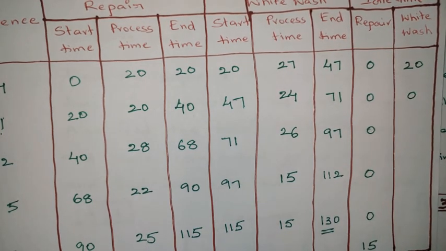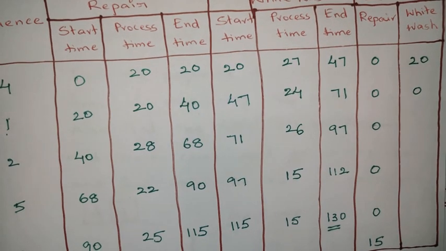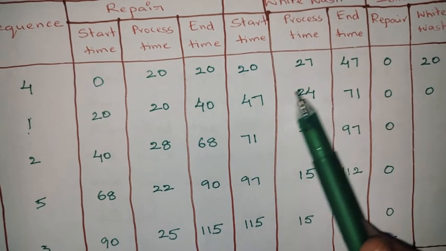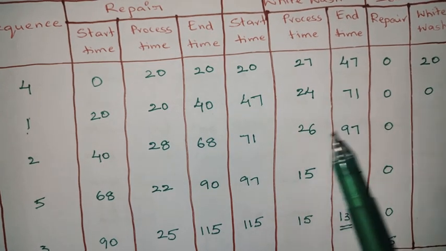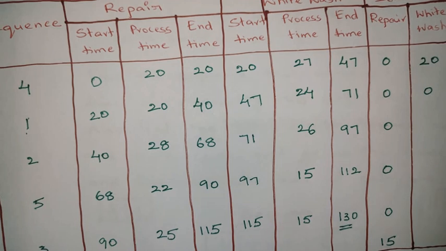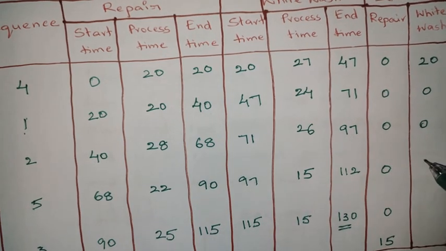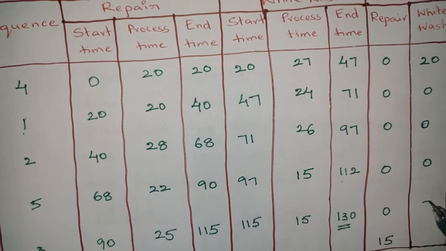Or otherwise, in a simple way, as I told you in the first video, take the difference of these two values. So 47 minus 47, 0. Now 71 minus 71, 0. 97 minus 97, 0. 115 minus 112, 3.